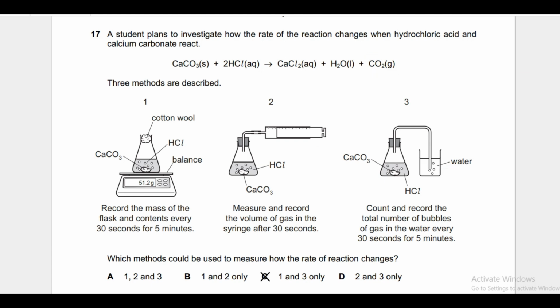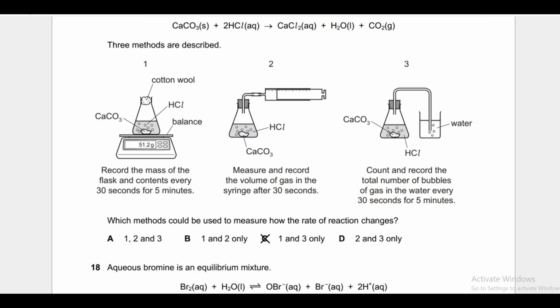But now you are asking which method could be used to measure how the rate of reaction changes. C is the right answer. 2 is wrong. Why? I am explaining. At first you see 1 is correct. Why? Because record the mass of the flask and contents every 30 seconds for 5 minutes.